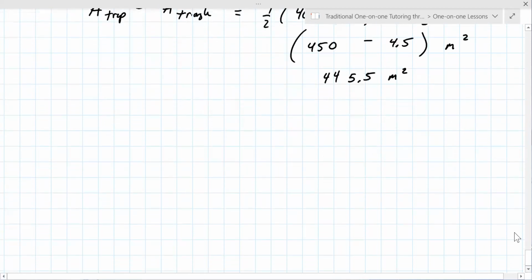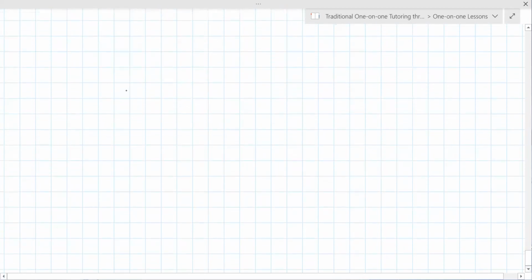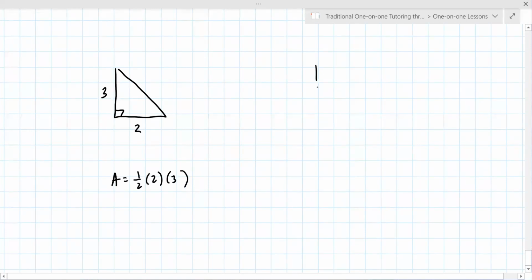I'll give you a small example here. If we want to find the area of this triangle, and I tell you that 2 is the base and 3 is the height, the area is 1/2 times 2 times 3, no big deal. But if I change the problem and say it's 2.62 and 3.05, this problem all of a sudden becomes all about the ability to manipulate decimals.